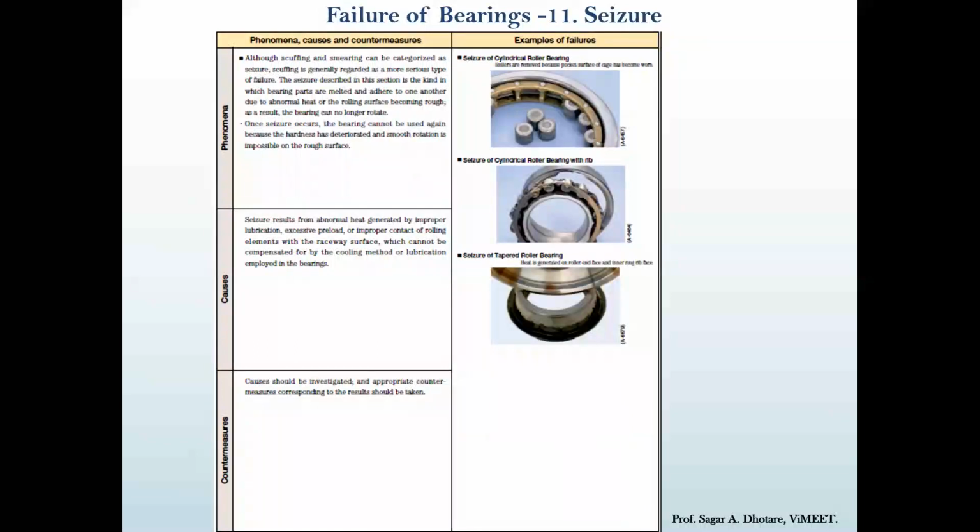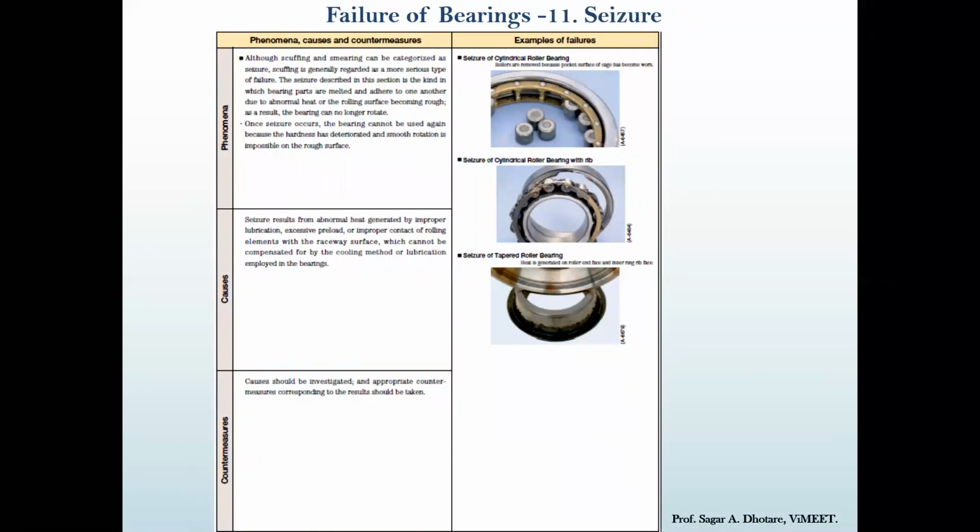Now the 11th, that is seizure. It's a very common phenomenon, or you can say this type of failure commonly occurs. Although scuffing and smearing can be categorized as seizure, seizure is generally regarded as a more serious type of failure.